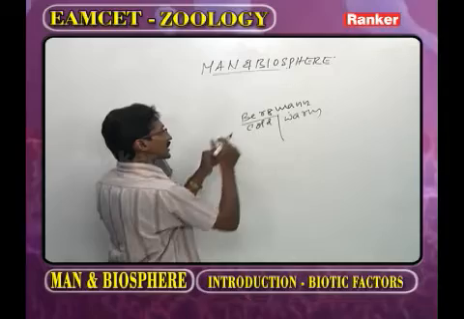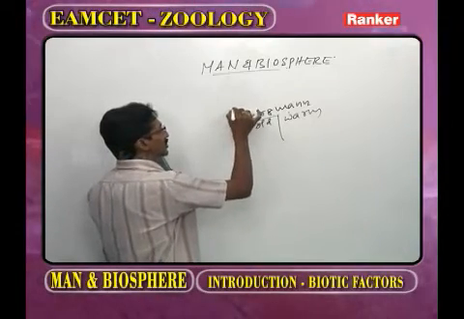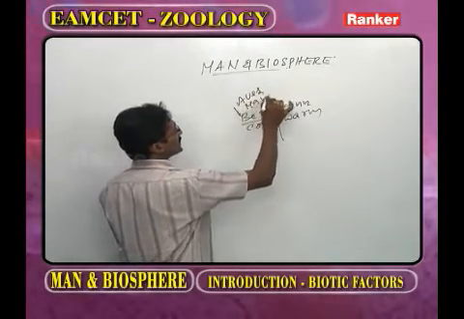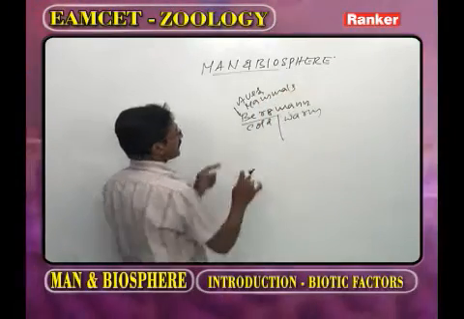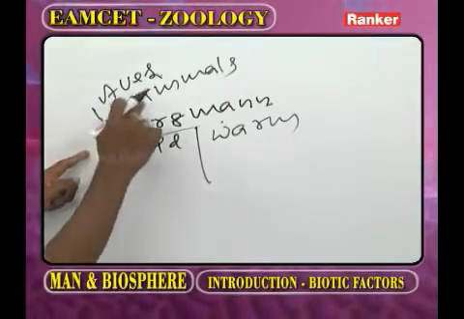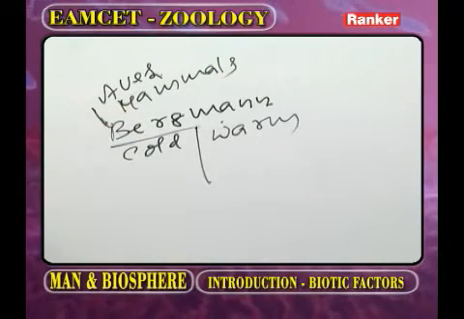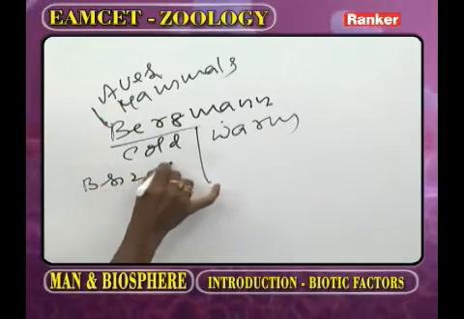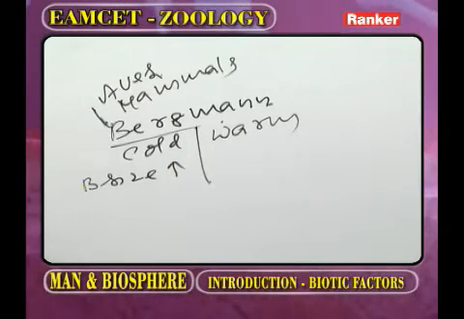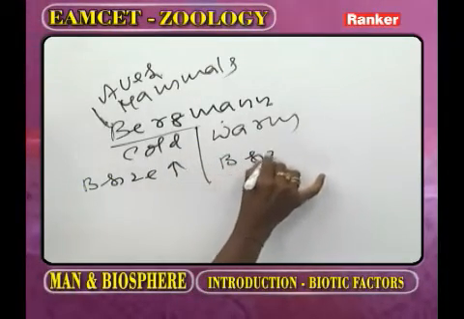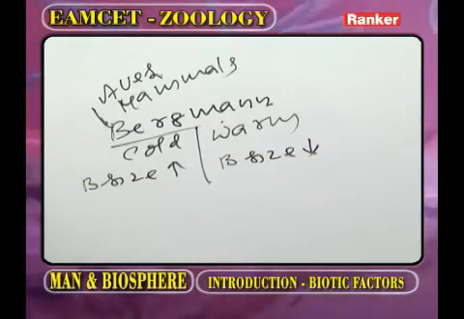Bergmann rule is applicable to aves and mammals. Now, in the colder region, according to Bergmann, the body size of animals is more. In the warmer region, the body size of animals is less.